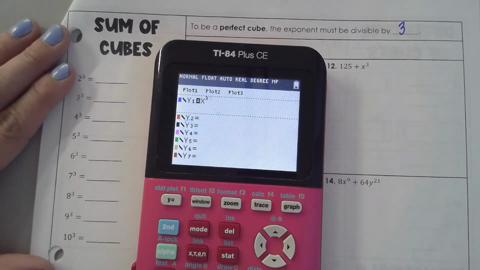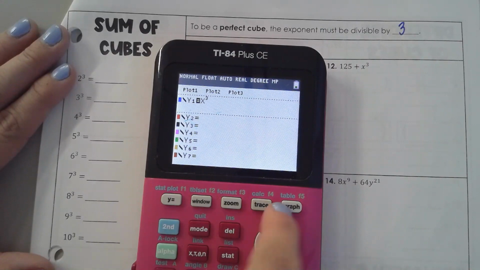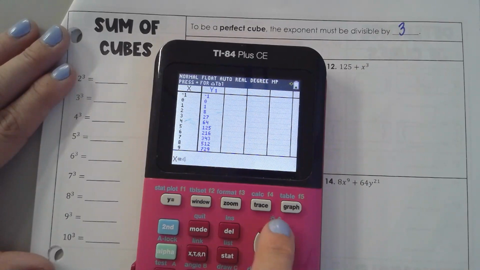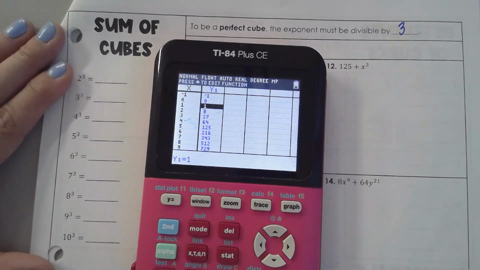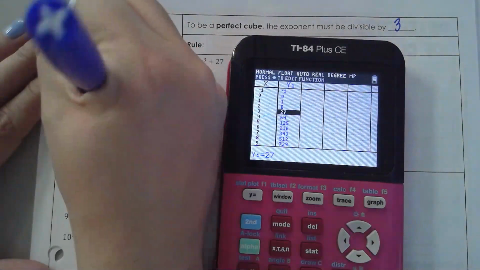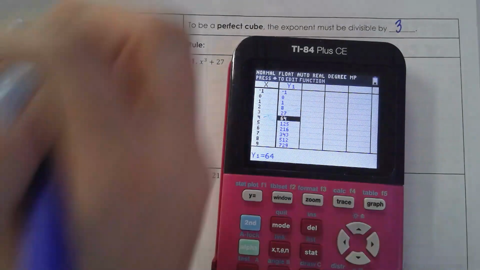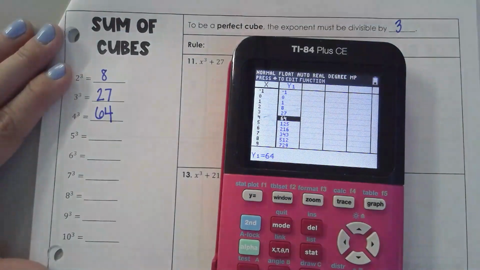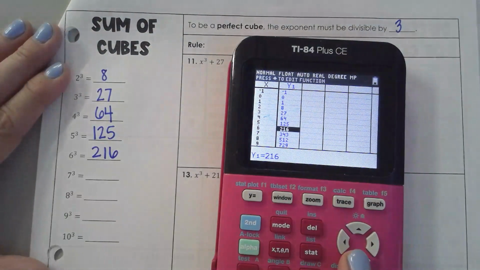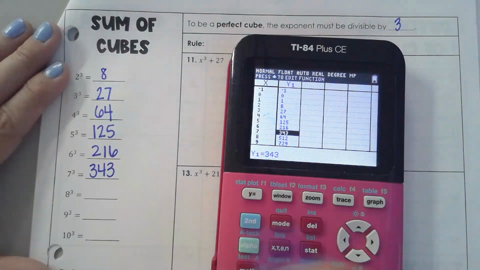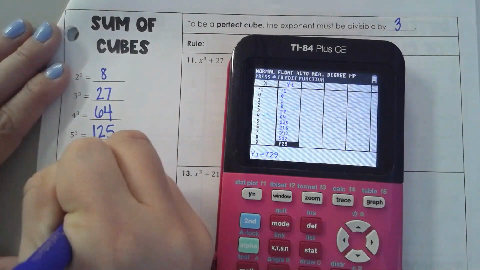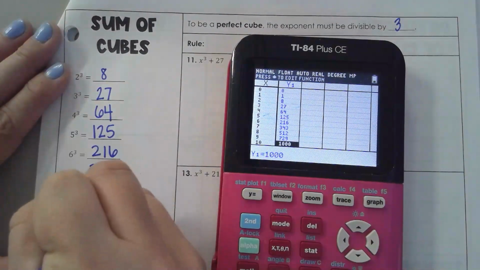We did x squared, but if you do x cubed and then go to your table, starting with 1 cubed is 1, 2 cubed is 8, 3 cubed is 27, 4 cubed is 64, and we have 125, 216, 343, 512, 729, and then 1000.